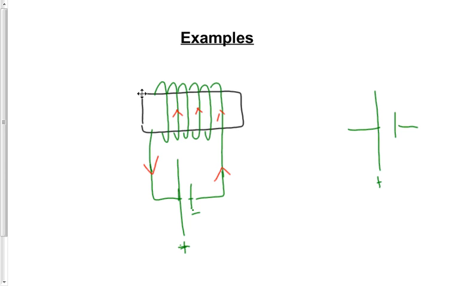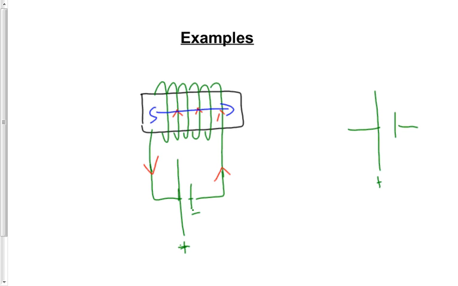So my fingers are pointing up in the front, or I could have gone down in the back like this. And then when you look at it, which way is my thumb pointing? To the right. That means the magnetic field inside this coil is going to point this way. That means that this end is the, which end? South end, and this end is the north end.